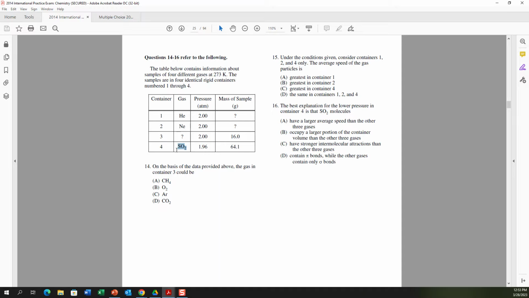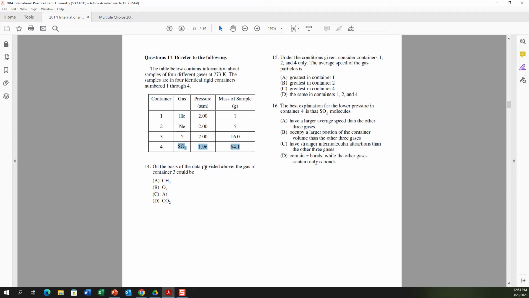So that means each compound has 1 mole of a gas here. That's why, because they have all the same pressures, they're at the same temperature in the same identical rigid containers, so the same volume. So that means they have the same number of moles. And this is telling us, hey, we got 1 mole of gas in each container.